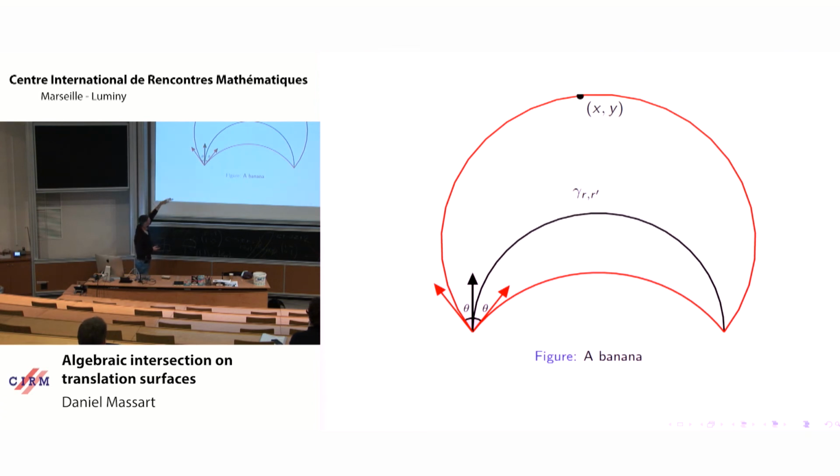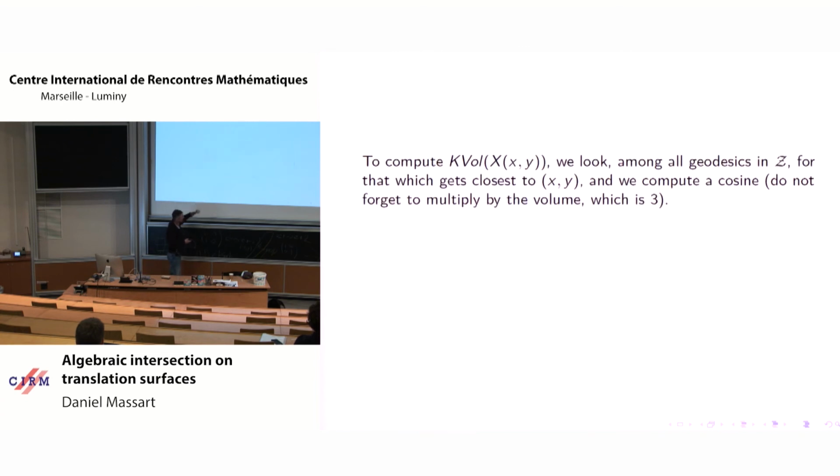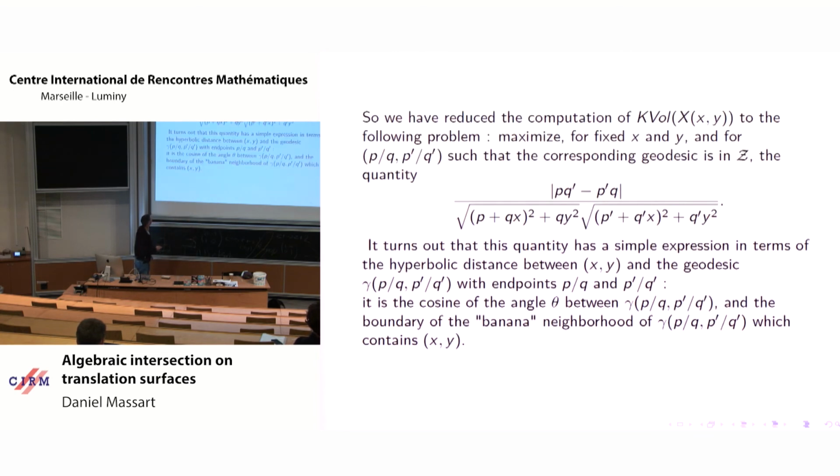So they correspond to surfaces on which the curves with slope R and R prime are not too far from being orthogonal. And so this equidistant set has an angle with a geodesic, which I call theta. And this ugly thing over there is just the cosine of theta. So it is actually easy to visualize.